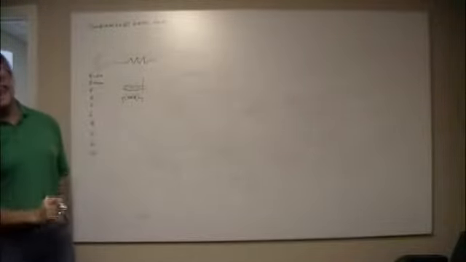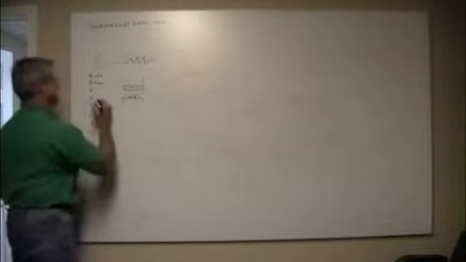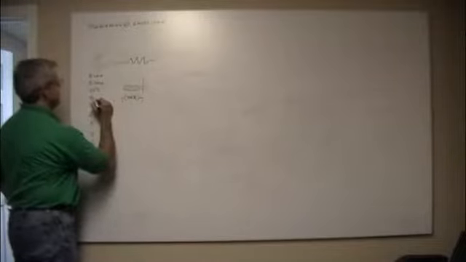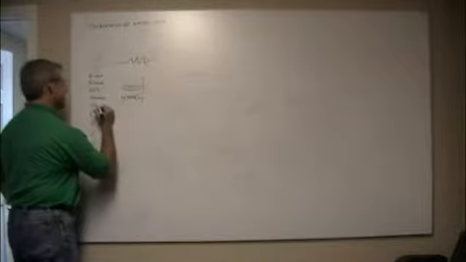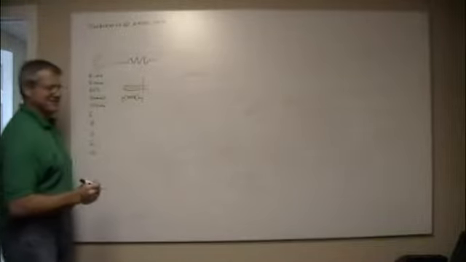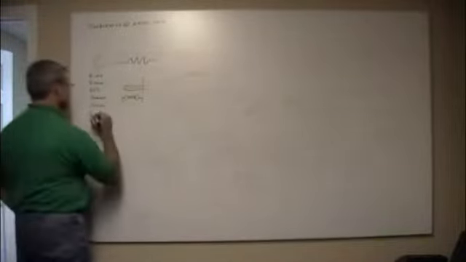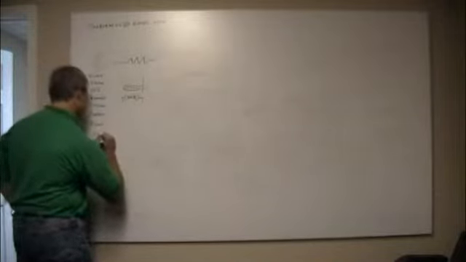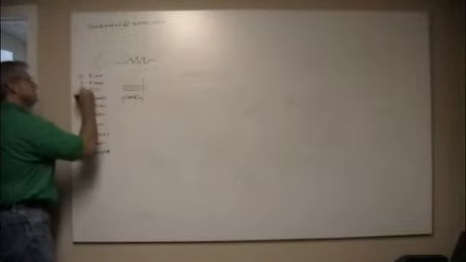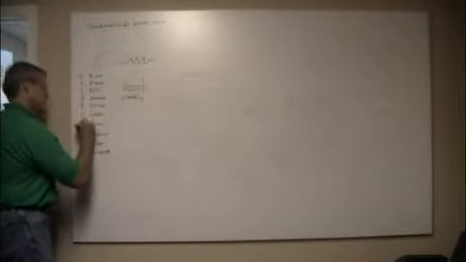They were less PC days back in the 70s and 80s. Red, orange, yellow. There's another mnemonic that I don't know. I've heard it like twice, and this one was already cemented in my head. So, green, blue, violet, gray, white. And this is 0, 1, 2, 3, 4, 5, 6, 7, 8, 9.